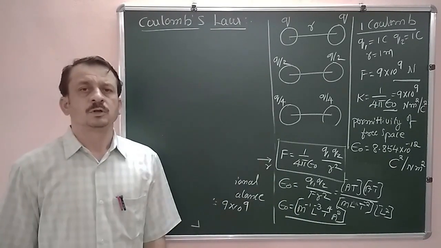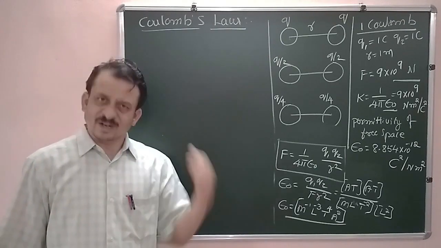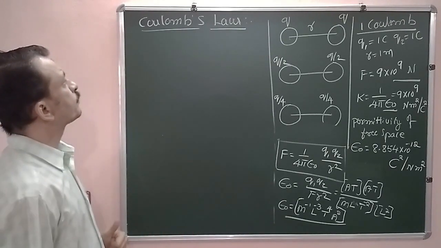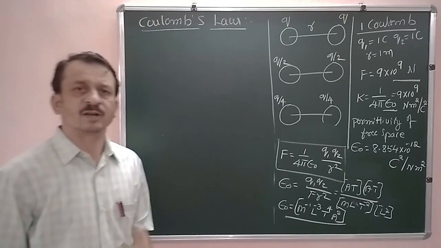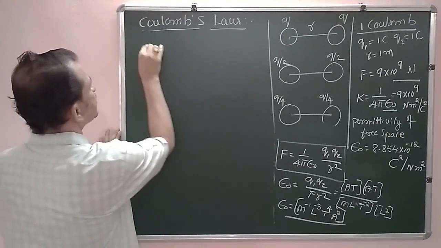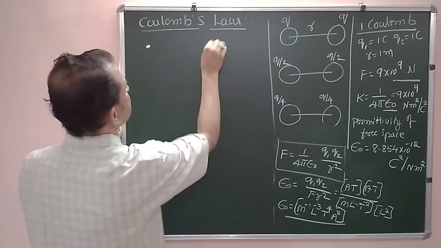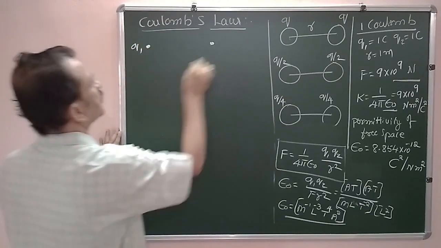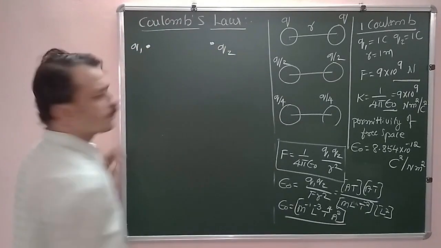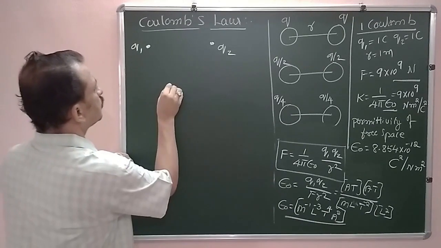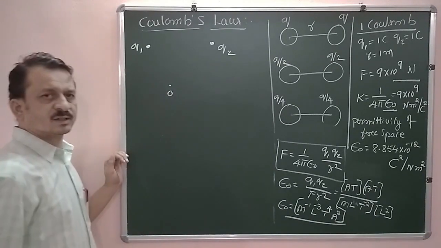Since electrostatic force is a vector quantity, let me write Coulomb's law in vector form. For that, once again consider 2 point charges. So here is Q1 and here is Q2. Now consider some origin here.